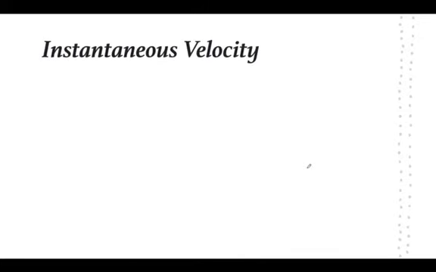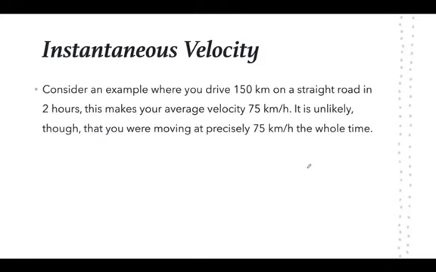All right. Now there is a term that is very important to learn, which is instantaneous velocity. In order to define that, let's look at an example where you are driving 150 kilometers on a straight road without changing directions in 2 hours. This will make your average velocity 75 kilometers per hour.